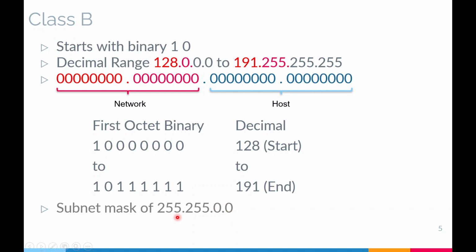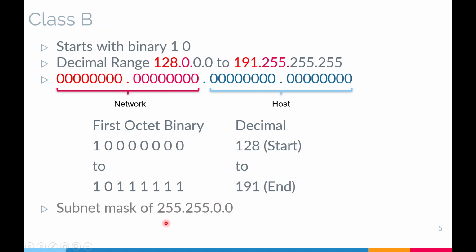You can also call it a mask of /16 because the first two octets are reserved for the network. Similarly, the subnet mask for class A would be 255.0.0.0 because we just had the first octet as the network.